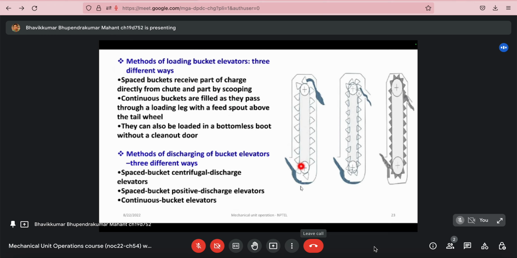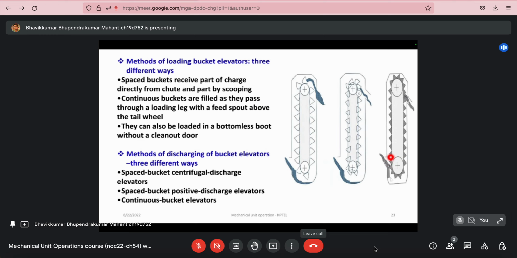Some part is charged directly here, and from the chutes in between they also get some charge. Continuous buckets are filled as they pass through a loading leg, with the feed spout about the tail wheel. This is a continuous bucket. They are always fed with the loading leg whenever they are near the feed spout. They can also be loaded at the bottom.